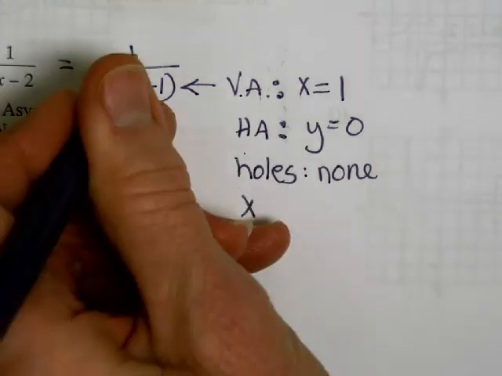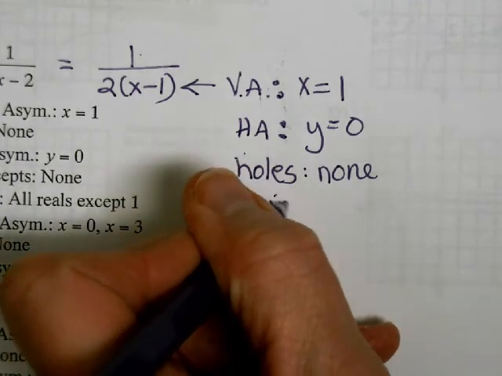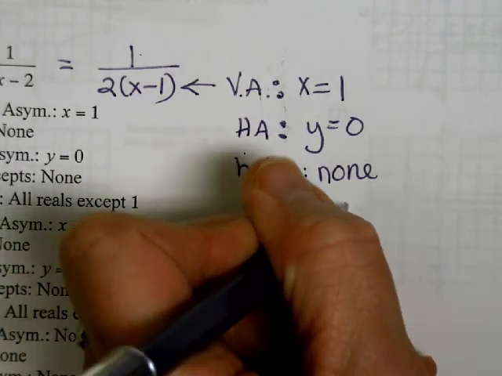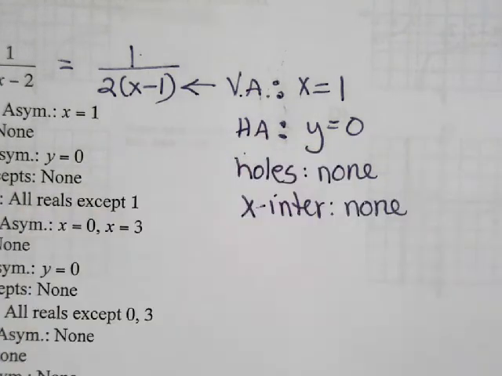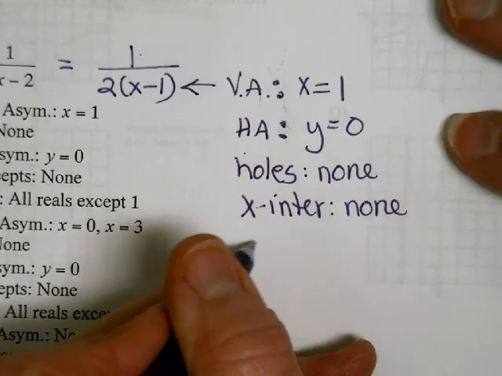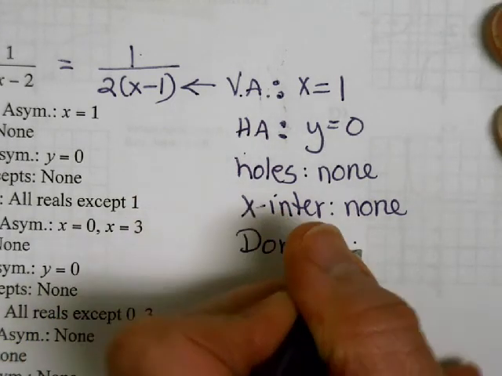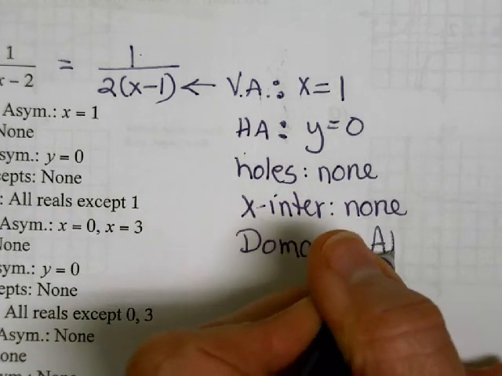X-intercepts none. Oh man, I gotta get over that. Colons. Because of that, up here, no x-intercepts. The domain comes from the asymptotes.